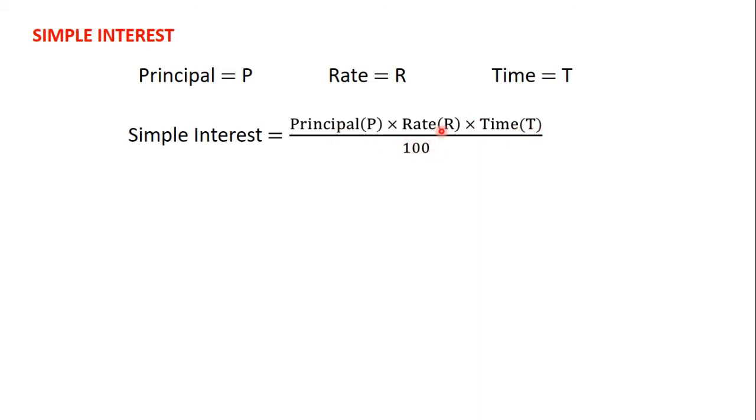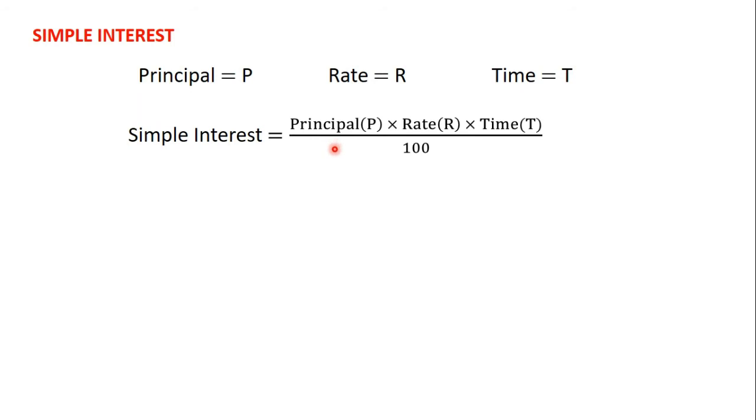The 100 here indicates that the rate is a percentage. So if you have the principal, the rate, and the time, we can multiply them and divide it by 100, and that will give us the simple interest at the end of the period. Once again, 100 here indicates that the rate is a percentage.